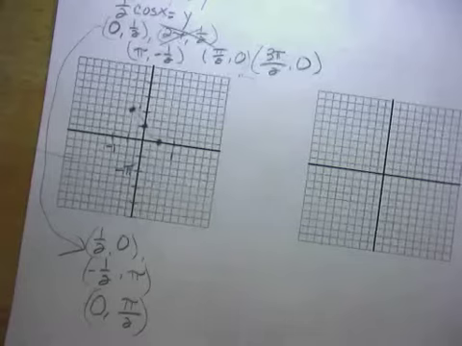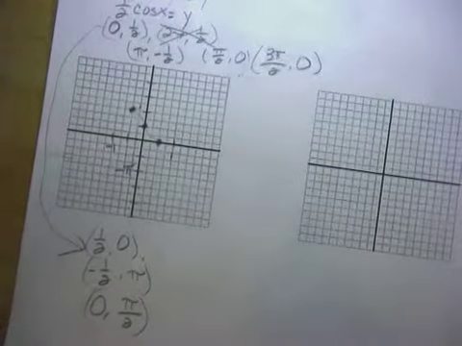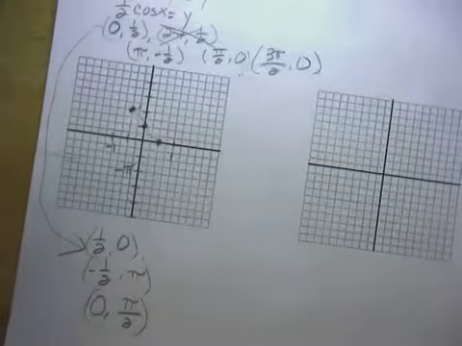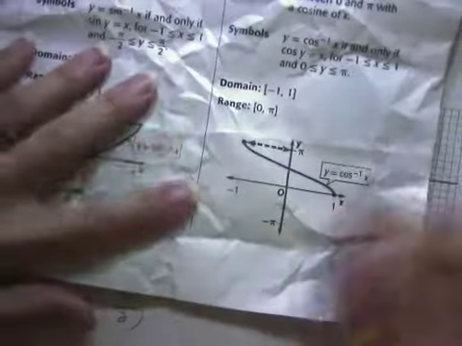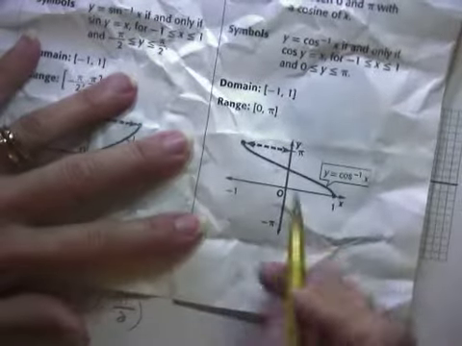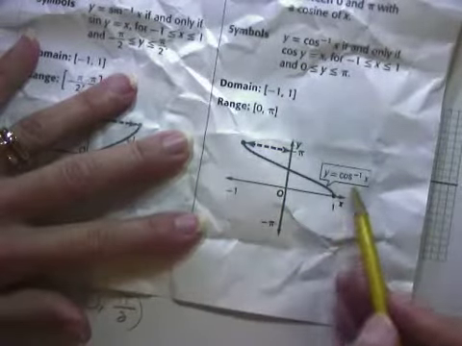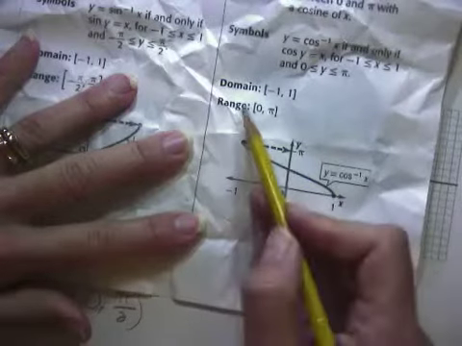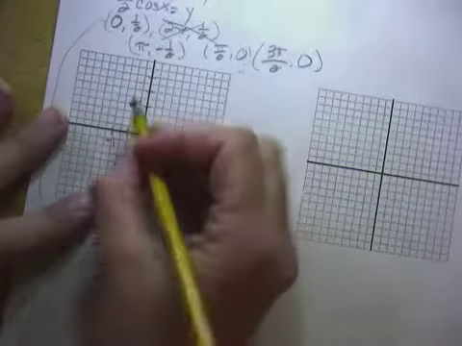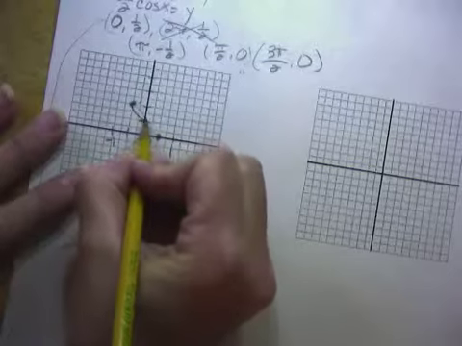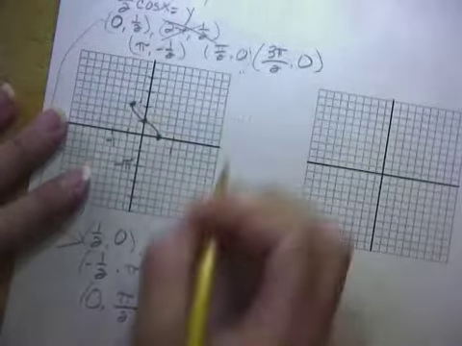And before I connect the dots, I want to make sure that I'm staying true to what this graph should look like. So I refer back to this schematic. Okay, so notice the general shape of it. And that's it.